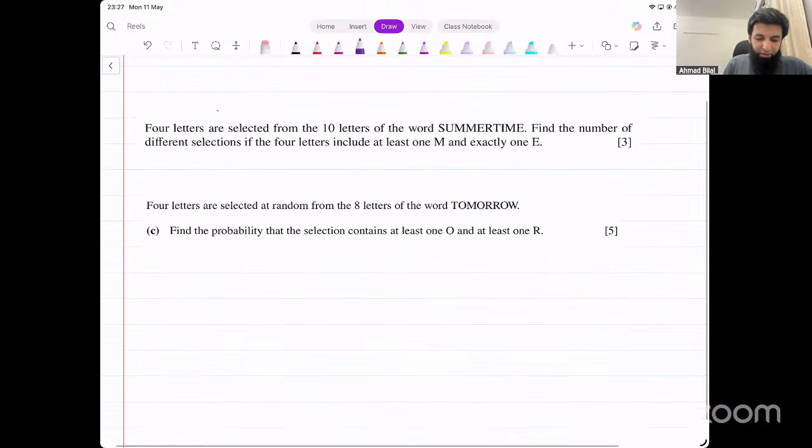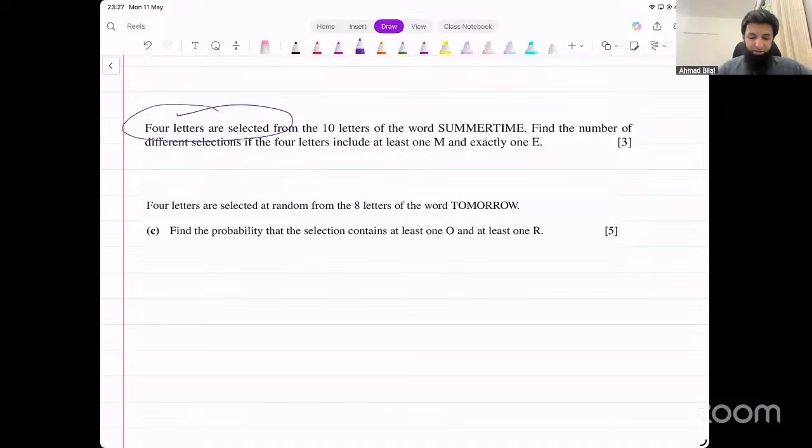When we are talking about number of selections, and when we have to find probability of a certain number of selections, इसमें हमने किस तरह से different treat करना है? When we're talking about number of selections, in this case, we are not going to select from the repeated letters.